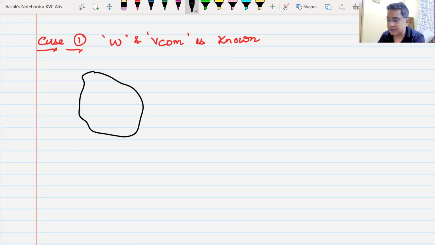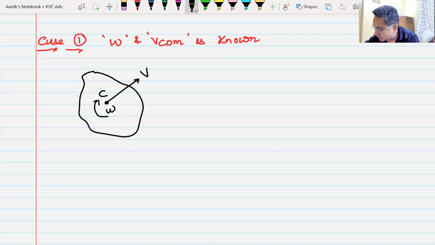Let us say this is your rigid body. This is your center of mass, C. Now let us say the body is rotating like this with an angular velocity omega, and let us say the velocity of the center of mass is like this.